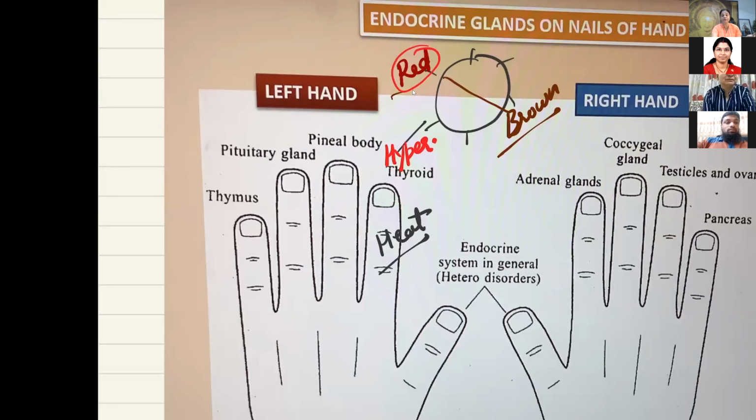Already hyperactivity is here. So we apply brown color on the nail. Every day, 2 hours, you should apply brown color on this nail. And you do color therapy in the morning hours, because it will give result in the evening time, but it is more preferable in daytime, during sunlight time.